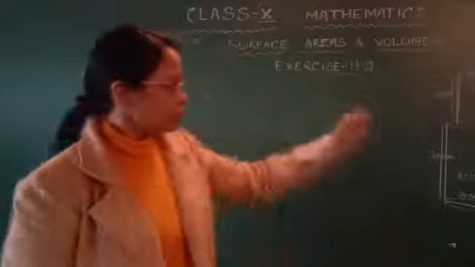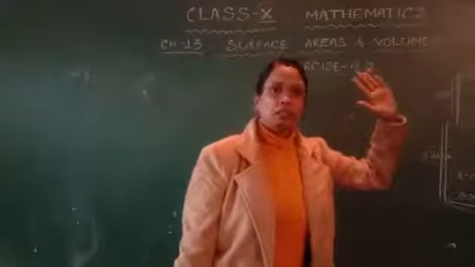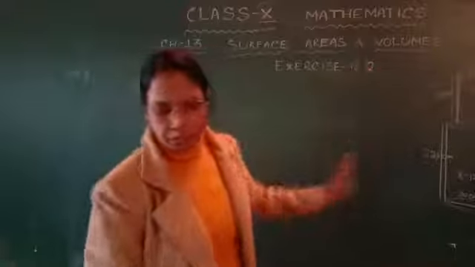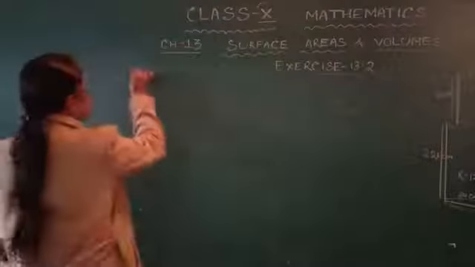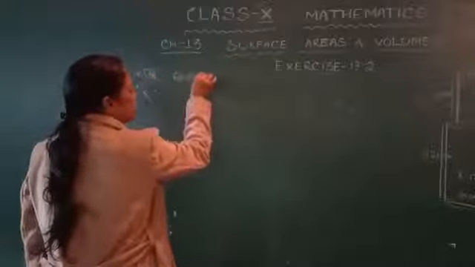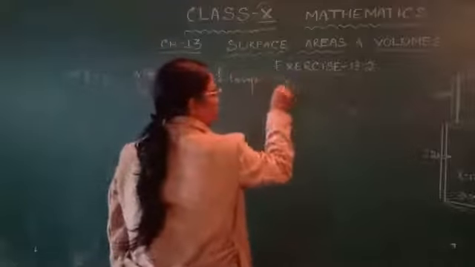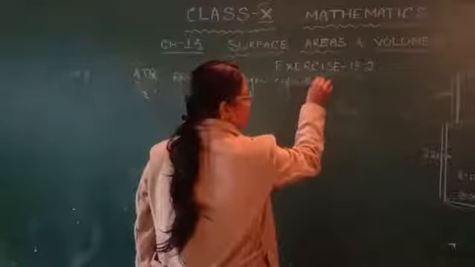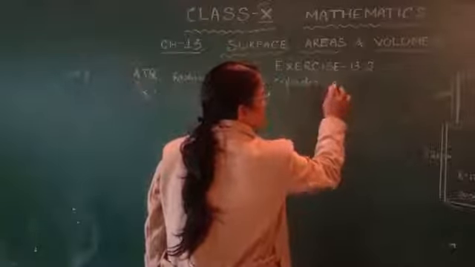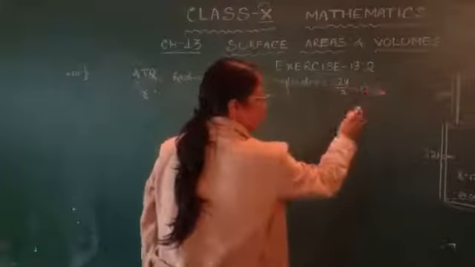So here are two cylinders. This one is the larger cylinder and this is the smaller cylinder. According to the question, the radius of the larger cylinder is equal to 24 upon 2, that is 12 centimeter.